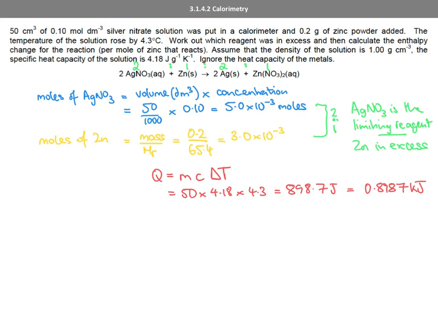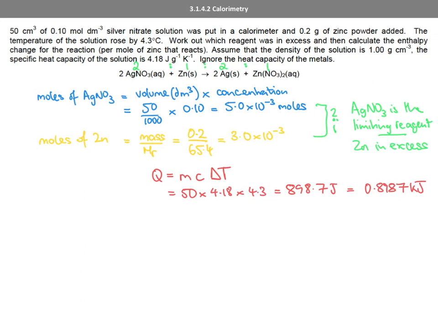So the moles that we'll be using in our next equation is the moles of zinc that actually reacts, because the question asks us per mole of zinc that reacts. That's half the number of moles of silver nitrate because of the molar ratio, 2 to 1, so that's 2.5 times 10 to the minus 3.